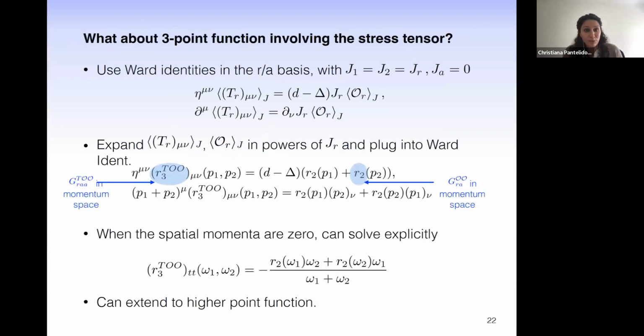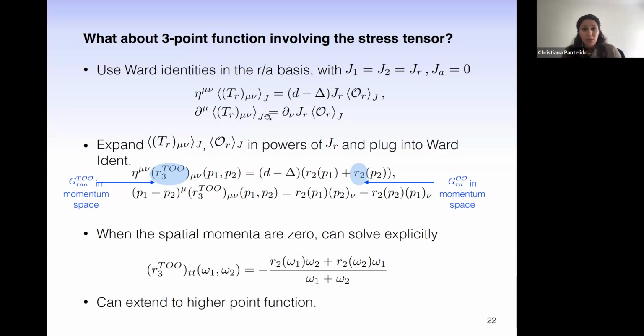The first result that we got for free is the retarded 3-point function TOO, so one stress tensor and two scalar operators, at least one component, the TT component, for free by just considering the Ward identities. So the Ward identities in the RA basis look something like this.